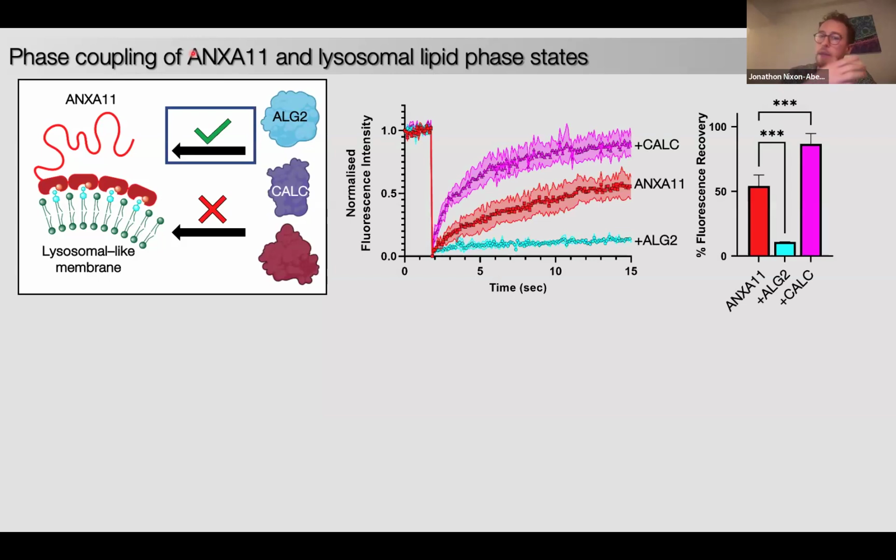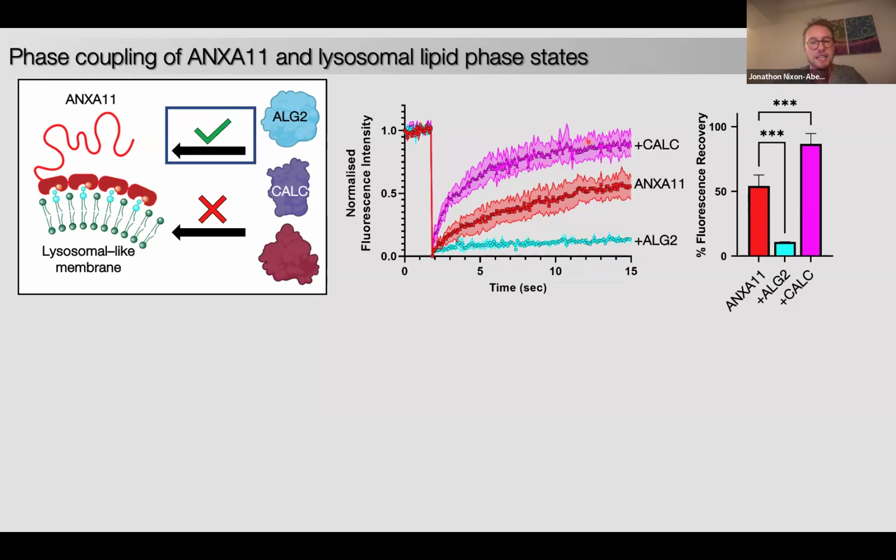Okay, so firstly, to look at the impact of the interactors on the phase state of annexin, we can look at the mobility of annexin on GUVs in the presence of ALG2 or calcyclin using FRAP, so fluorescence recovery after photobleaching. And essentially what this data tells us is that annexin is pushed into a more immobile or gel-like phase in the presence of ALG2, and in the opposite direction into a more mobile or fluid phase in the presence of calcyclin.